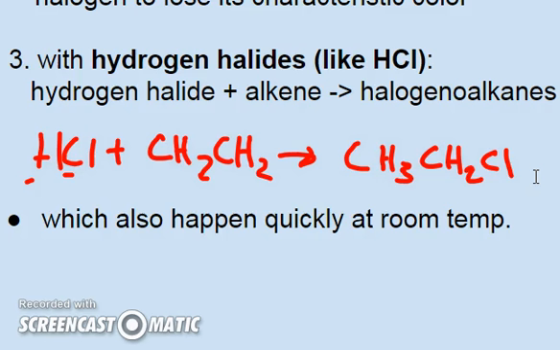So this is just a halogenoalkane, or this would be chloroethane. You could put 1-chloroethane, although it doesn't matter because with ethane, either end is considered one. So it's really up to you. On the previous one, it's important we put 1,2, so we realize there's a chlorine on each carbon. And this reaction also happens quickly at room temperature.